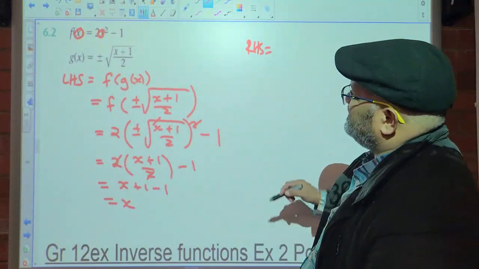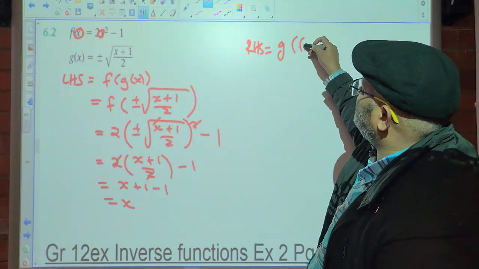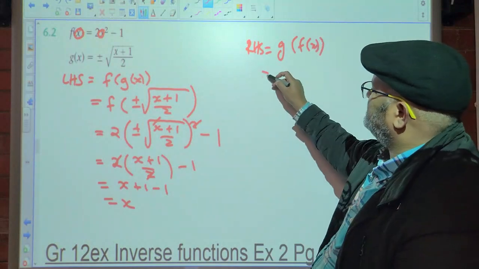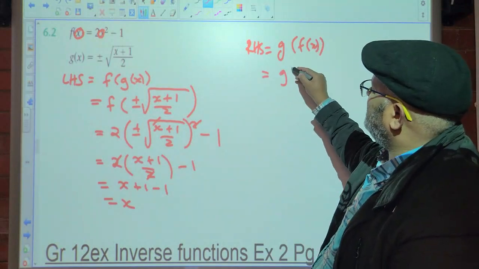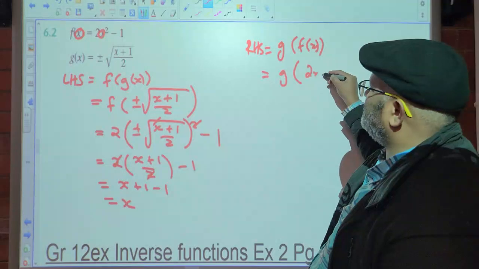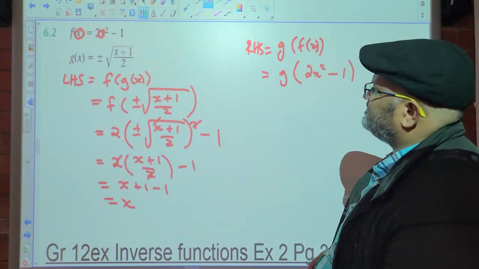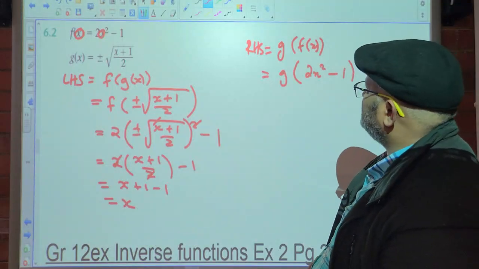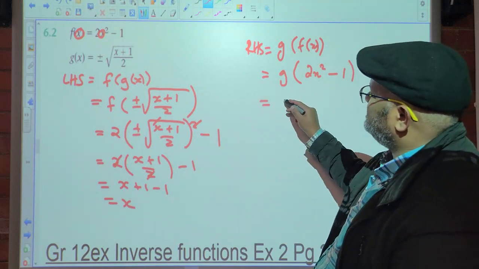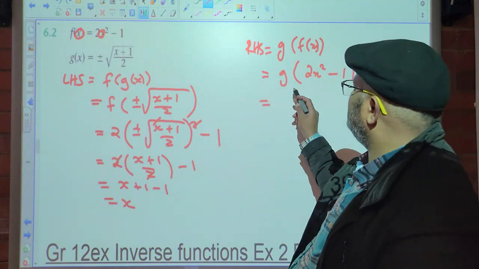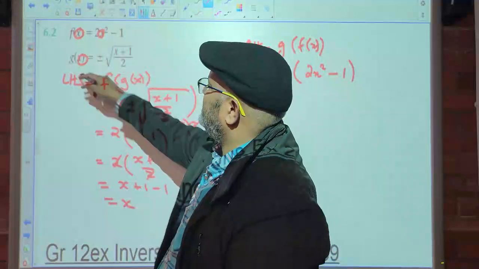The right hand side says g of f of x. So g of f of x is of course 2x squared minus 1. So now if I see x, I put in the 2x squared minus 1.